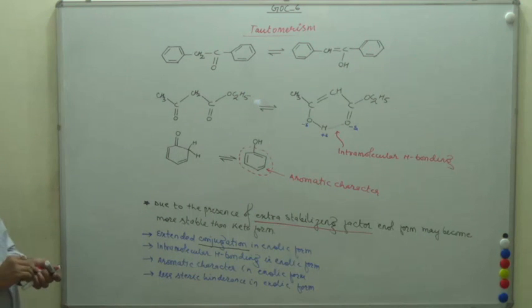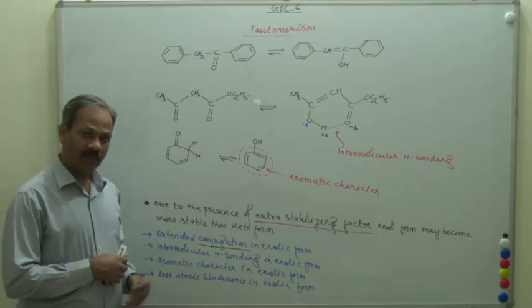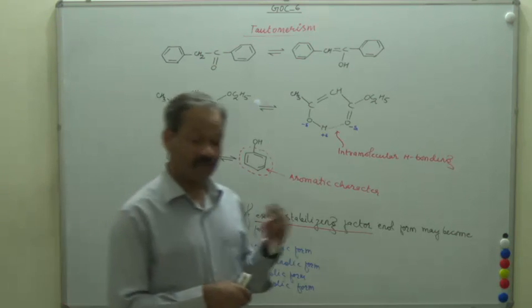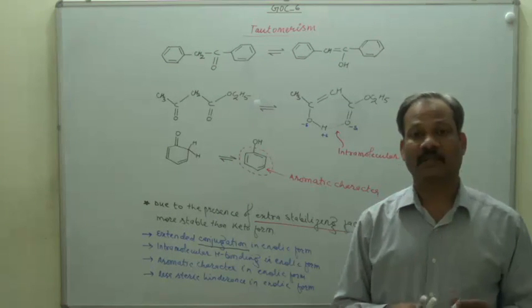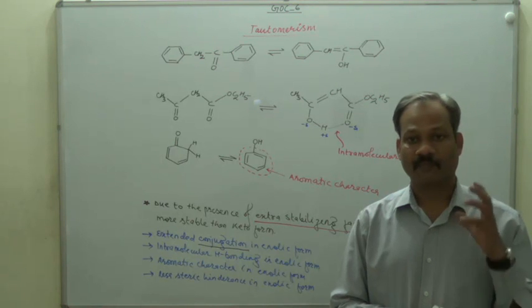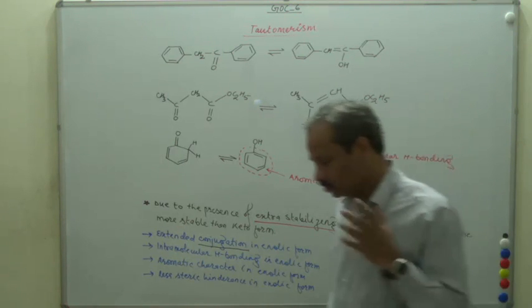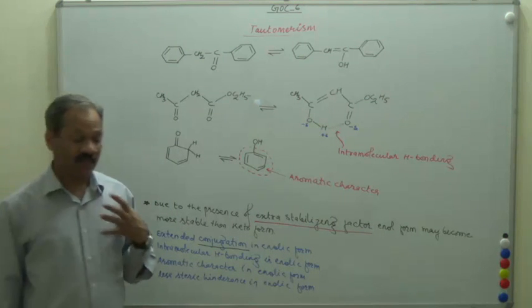Due to the presence of the benzene ring, the compound will be an aromatic compound, and aromatic compounds have extra stability because of resonance in these compounds. Aromatic compounds are resonance stabilized, and the extent of resonance stabilization is very high.